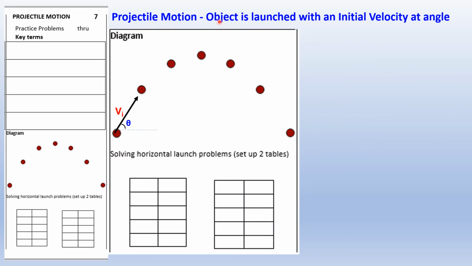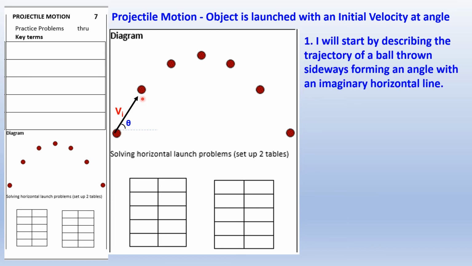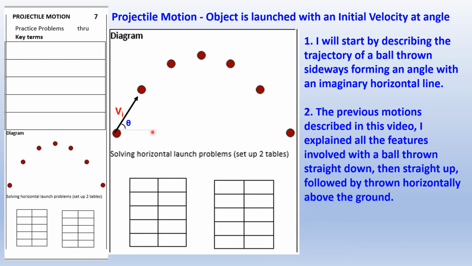Projectile motion. An object is launched with an initial velocity at an angle. I will start by describing the trajectory of a ball from sideways, forming an angle with an imaginary horizontal line.